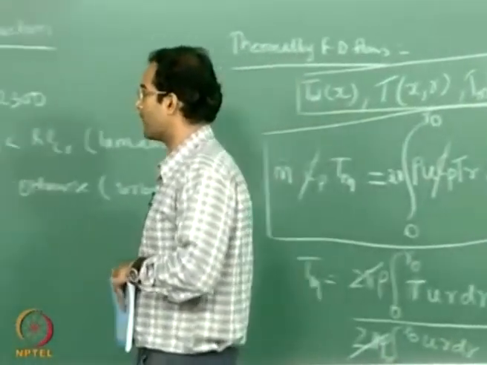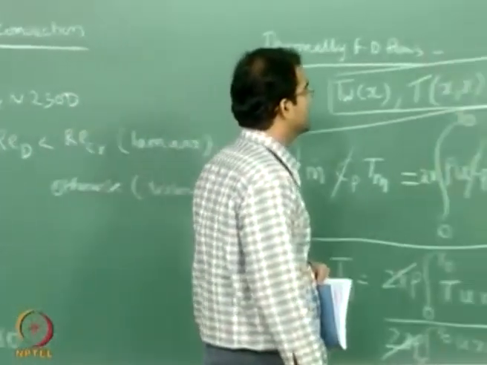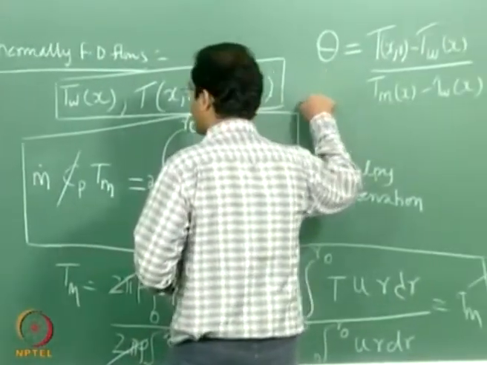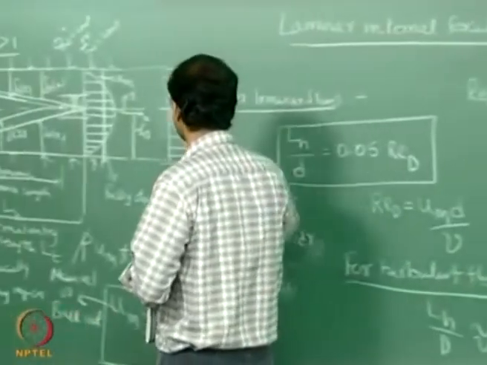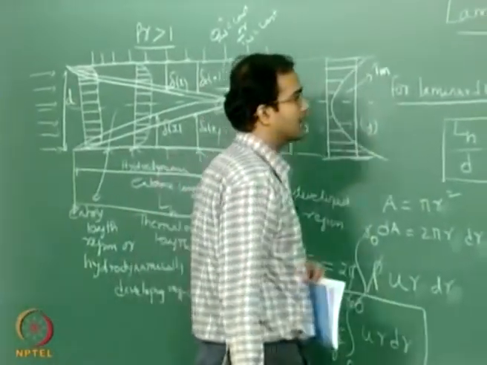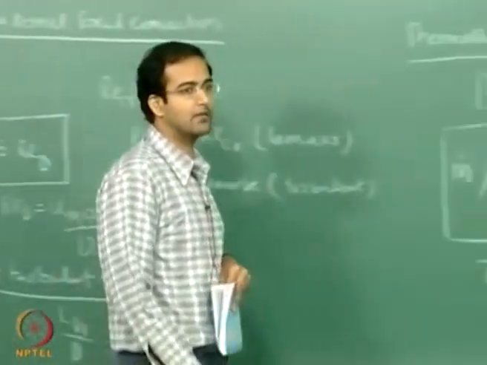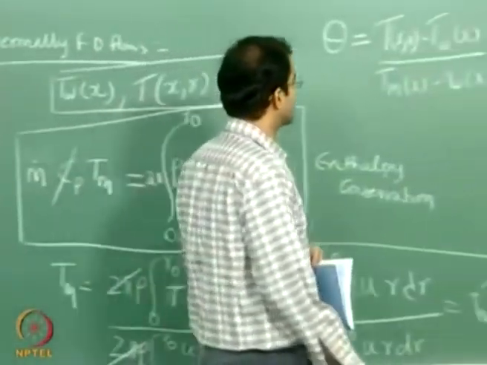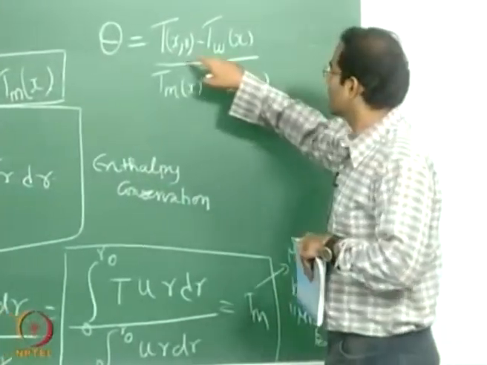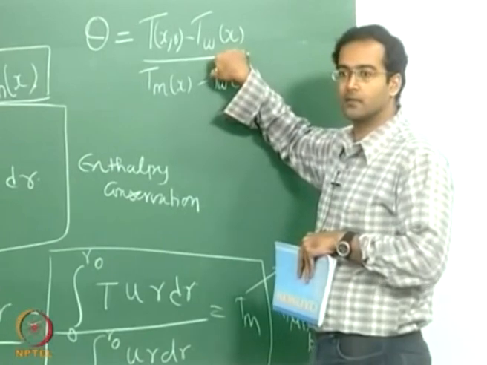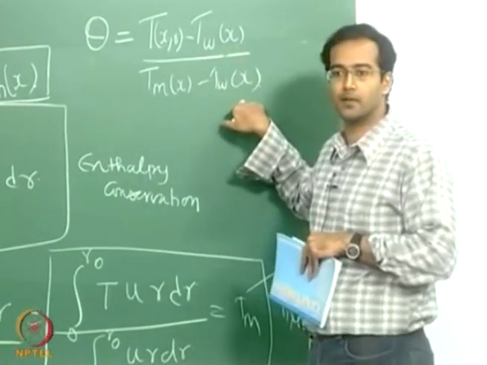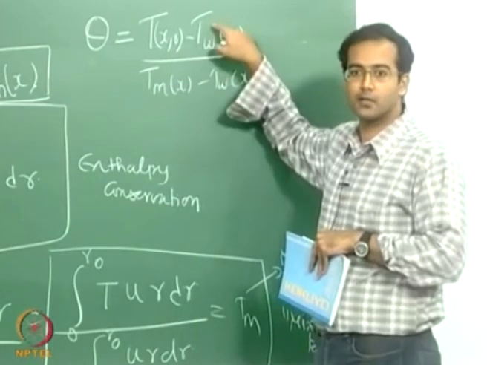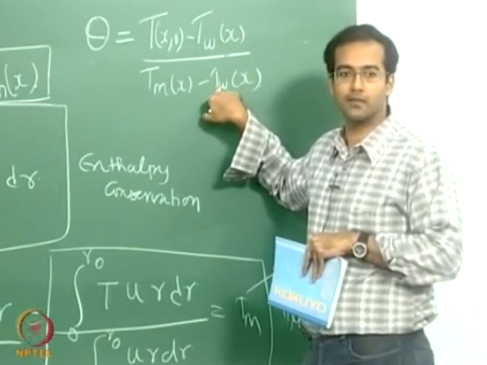Okay. So once you define a non-dimensional temperature profile like this, now we can look at a region where this non-dimensional temperature profile is invariant of x, because in that region your T minus T wall will be a particular function of x, Tm minus T wall will be a particular function of x, such that the numerator and denominator vary in the same way.